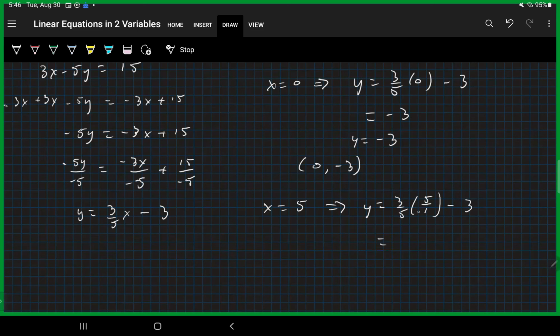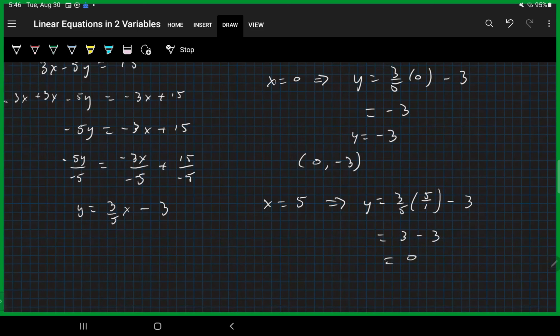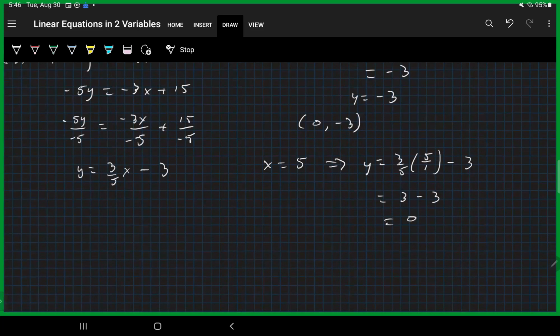Well, the 5's cancel out, and I'm just going to get 3, or 3 over 1, minus 3, and that's 0. That's pretty cool. So if x is 5, y is equal to 0. So 5, 0 is a point. I have two of my points. I have 0, -3, and I have 5, 0.